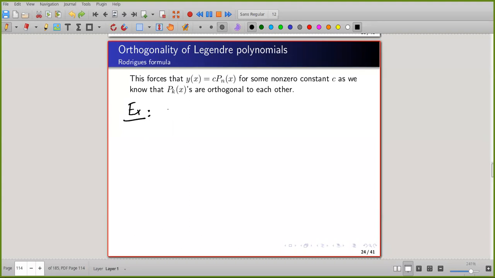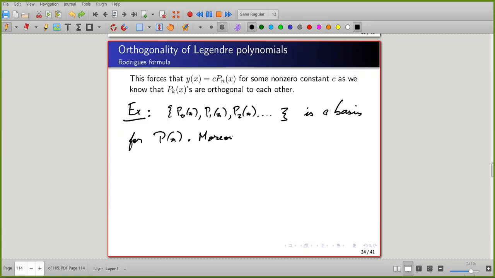So p0, p1, p2, and so on, is a basis for the polynomials in x. Moreover, in fact, you will have to use this to prove that there is a basis.